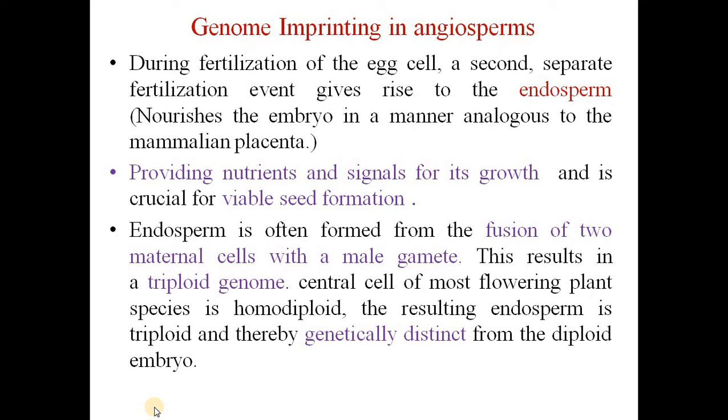As we know, there is double fertilization in angiosperms. In the pollen tube there are two male gametes.